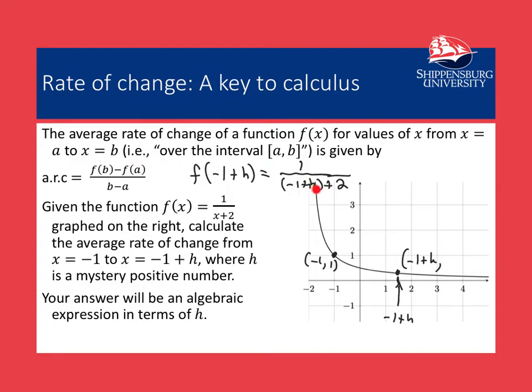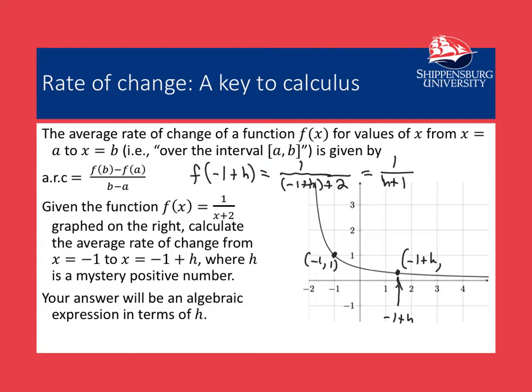So in the denominator here, I have -1 plus h plus 2. And so that can be simplified to just 1 over h plus 1. And all I'm doing there is combining like terms. I have a -1 here plus 2. -1 plus 2 is +1, and the h remains, so h plus 1.